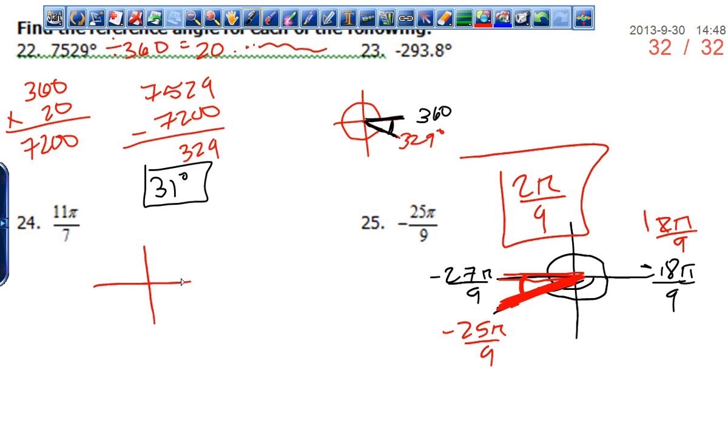So now we're going normal, counterclockwise, I guess, for positive. So all the way around the circle will be 14 pi over 7. Do I have 14 pi over 7? Well, halfway across would be 7 pi over 7.